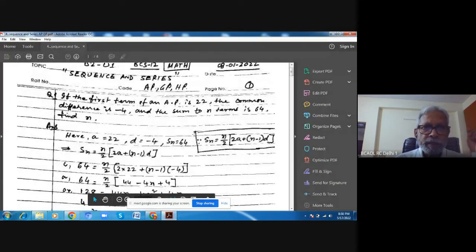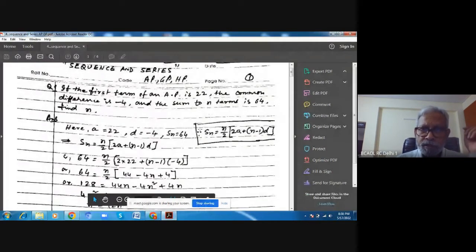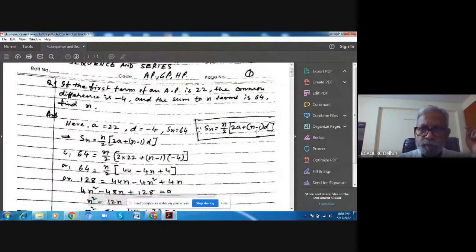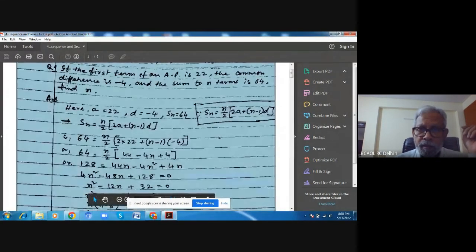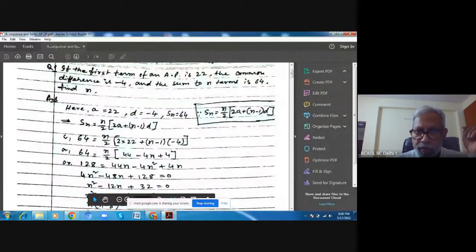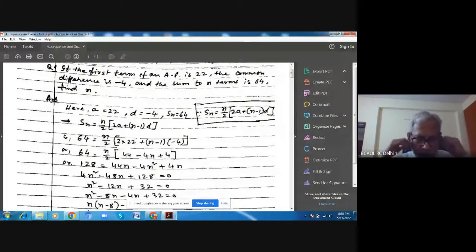You see in this case this is the formula: Sn is equal to n/2 times (2a plus (n minus 1)d). Okay. Just 1 minute.